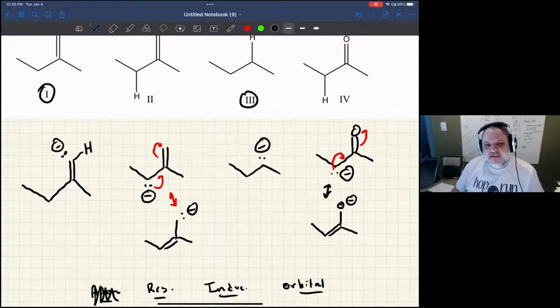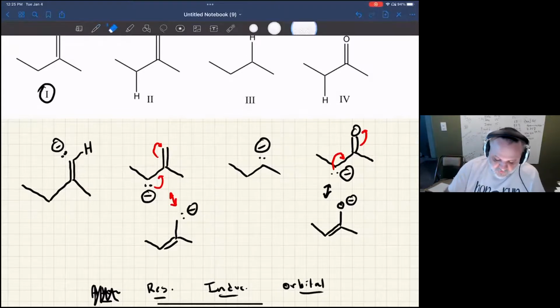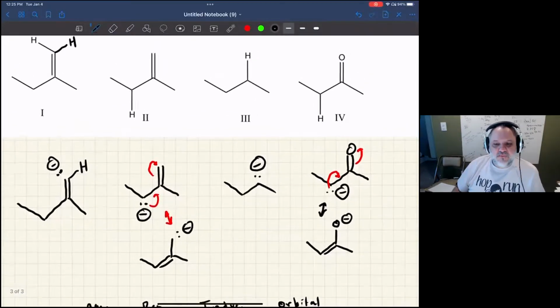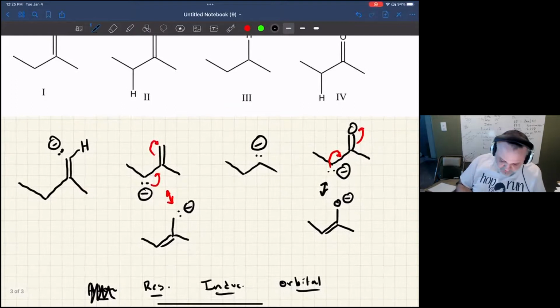And so in this case, it looks like 2 and 4 are going to be a little bit more acidic than any of the other ones because there's resonance stability in the conjugate bases. Now we have to think about the difference between 2 and 4. Which one is more stable as a conjugate base? Well, we know that they both have resonance, but let's bring back atom now.